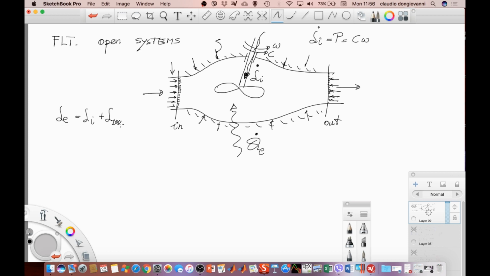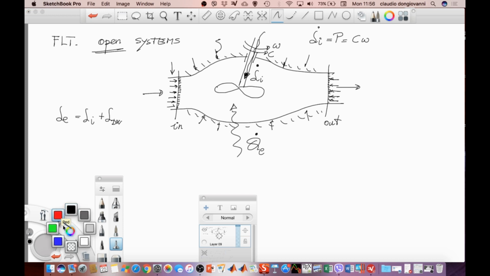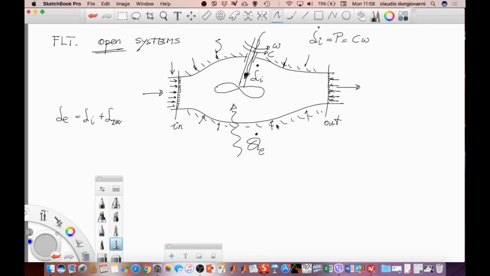Now, to write the relationships for the open system that can be used every way without restriction would make the problem quite complex. Therefore, we add a restriction in this case that simplifies the formulation a lot.